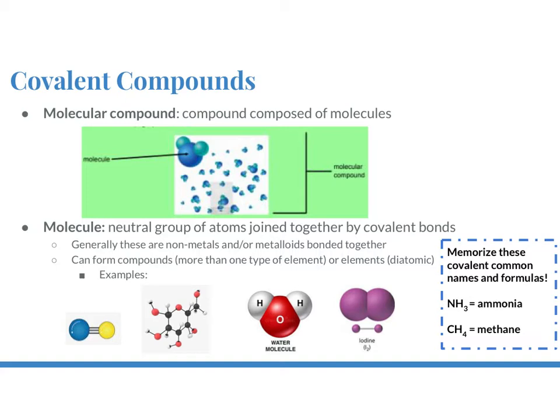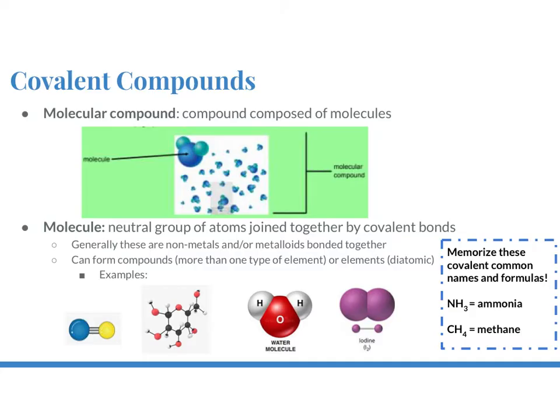Okay, so covalent compounds. Another name for a covalent compound is a molecular compound, and that's because these compounds are going to be composed of molecules. We'll get into what a molecule is in just a second, but this might be something that you know from your previous science classes.